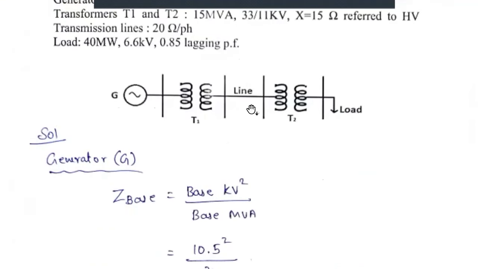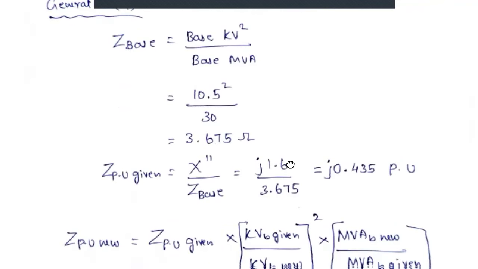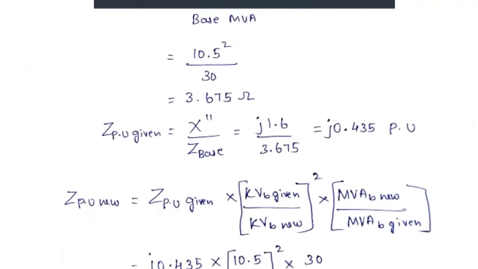It is given as 1.6 ohms. So with that, we take j1.6 divided by Z base, which we already calculated as 3.675. By dividing, we get the Z per unit given, or old value, as j0.435 per unit.